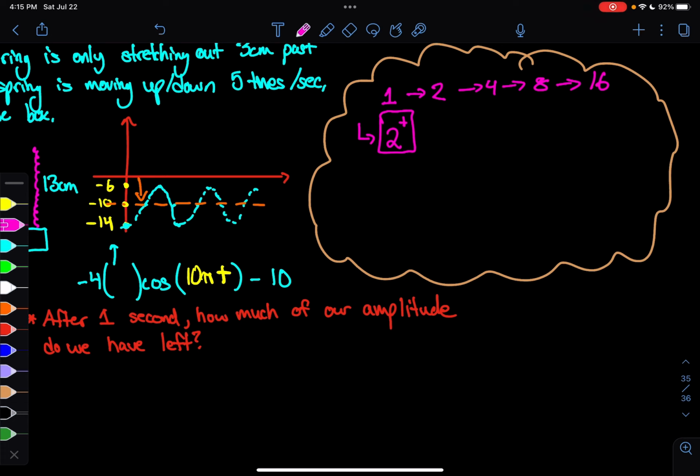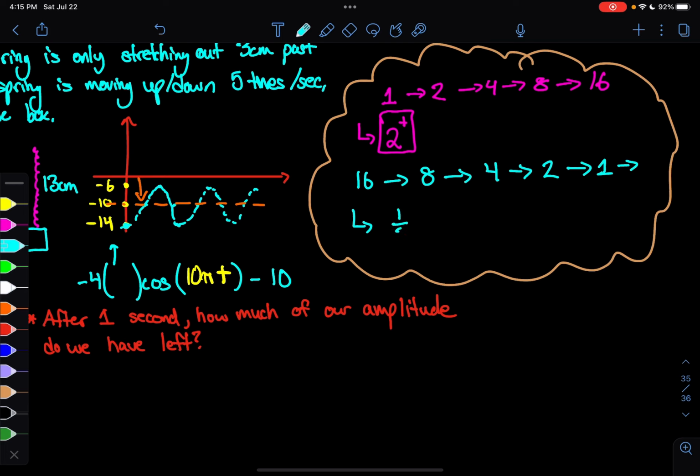And then likewise, let's say you had 16 bacteria, and then eventually you had 8, right? You had half of that. And then you had half of that after some time, and half of that after some time, and so on and so forth. You could represent this by saying I'm going to have half the bacteria every second, just like so.